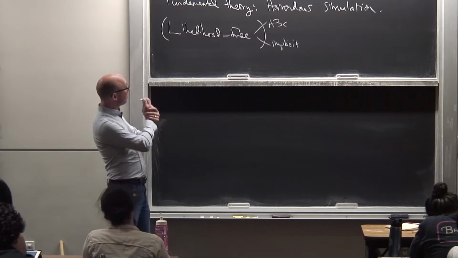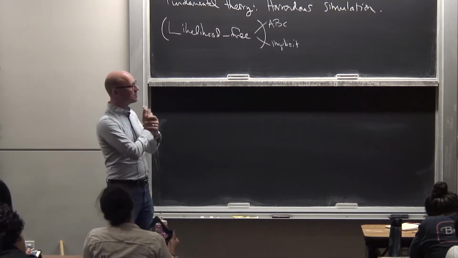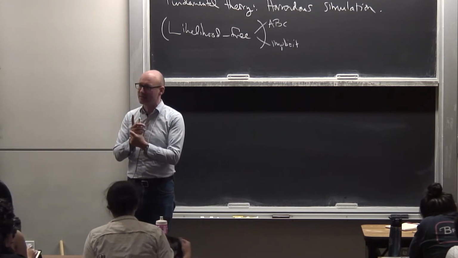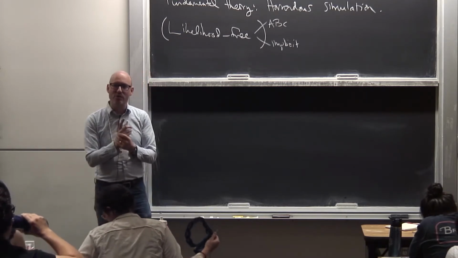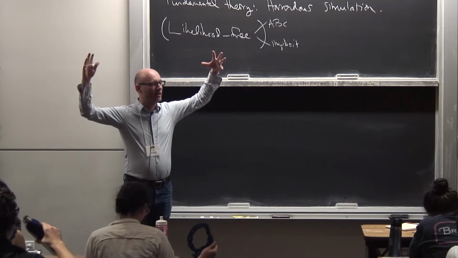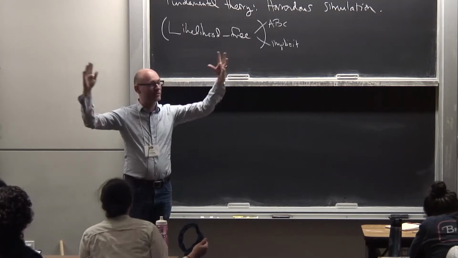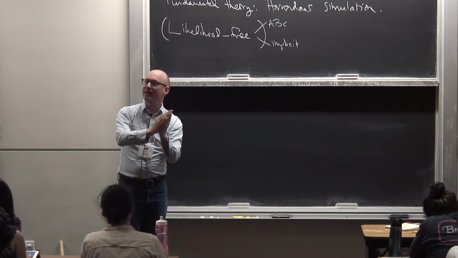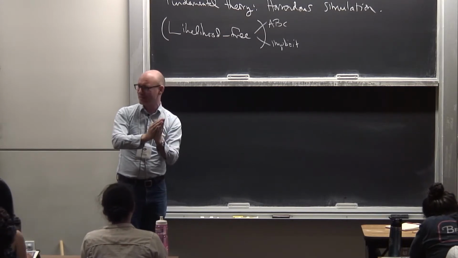Okay, good. So what is another option? Another option to do inference in this case is to boil the huge data you have down to a tractable set of summary statistics, and then try to do inference on those summary statistics.